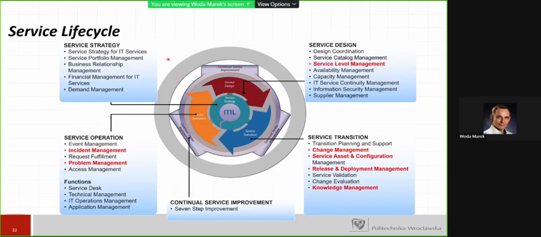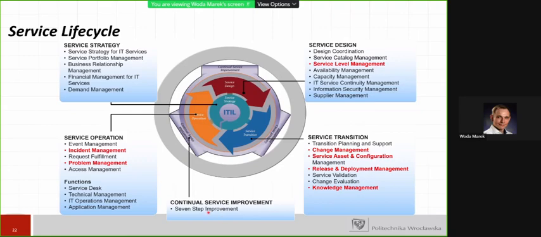We will only mention a few processes, which are depicted in red, like incident management and problem management from the service operation. We will not say anything about the service strategy. From the service transition, we will discuss change, service asset and configuration management, release and deployment, and a bit about knowledge management. And from the service design, we will have a discussion on service level management. And there will be a few words also on continual service improvement.